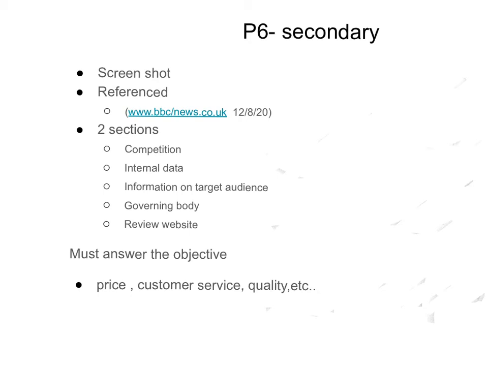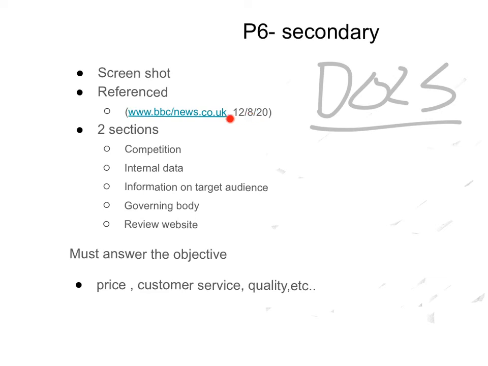They can go into your Google Docs, but your P6 secondary will go into your Google Docs. Just be clear on that. These screenshots will go under a heading P6 secondary, and you're going to do 12 of them. Make sure you reference it with the website and the date. That's fine for what we need at the moment.